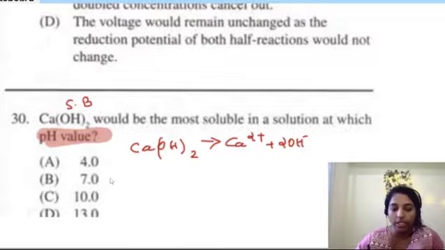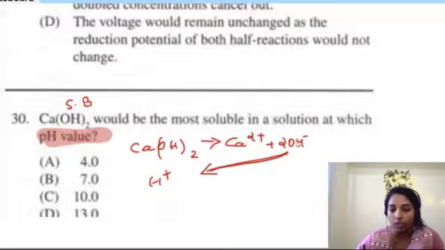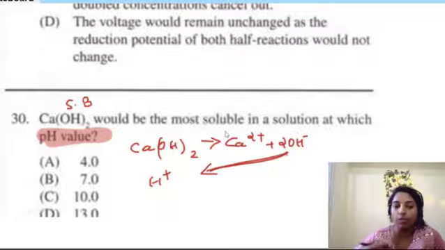So when you are adding an acid solution containing H+, what happens? This OH- will react with this H+. So the OH- decreases. When OH- is being removed constantly, what happens? There is more forward reaction. So definitely more dissolution. More ionic form means more dissolution. So definitely A will be the answer.